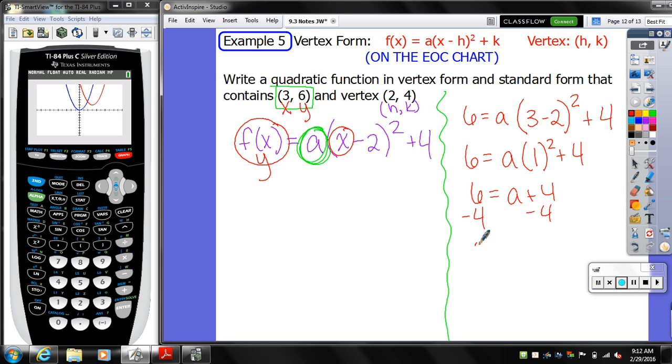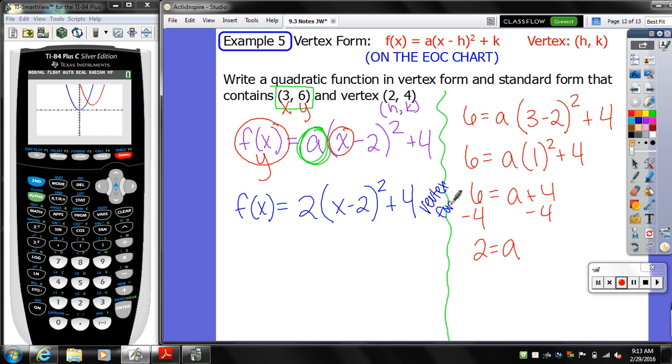When we solve, we're going to end up with A equals 2. So I'm going to come back over here and I'm going to rewrite this. F of x equals 2 times x minus 2 squared plus 4. This is vertex form.